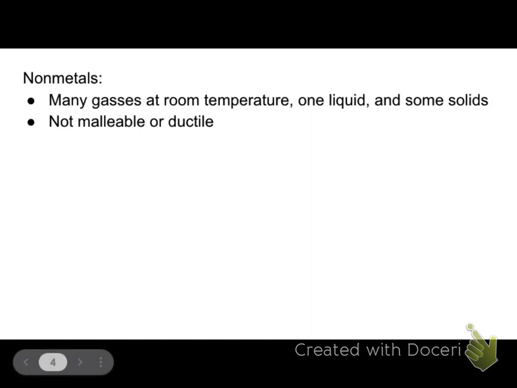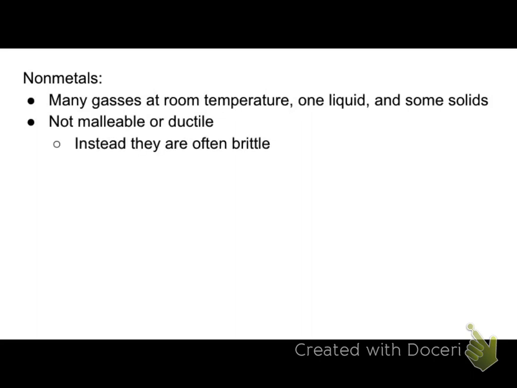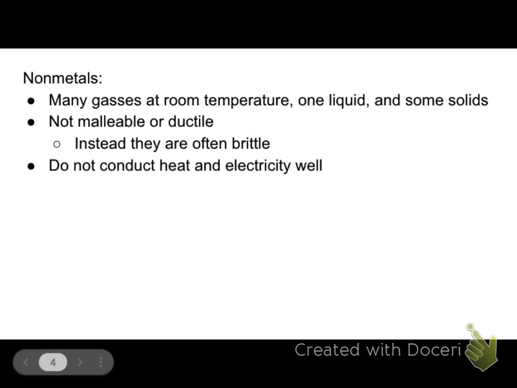Obviously, it's difficult to tell if a gas is going to be ductile or malleable, but most of the time when you get them cold enough to make them solids, they are definitely not malleable or ductile, which means if you are going to strike one of them with a hammer, they are going to be much more likely to shatter or crack or break into a bunch of pieces as opposed to bend or stretch. So we might describe them as brittle. They also do not conduct heat or electricity well.